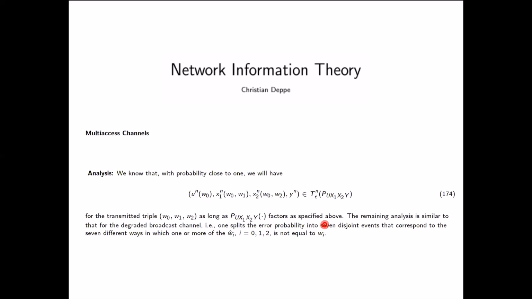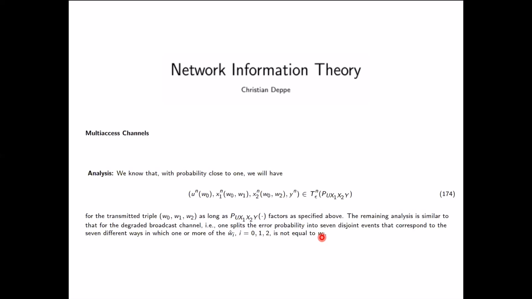And now the remaining analysis is very similar to the degraded broadcast channel. And we do it every time that we split the error probabilities. Here we split it into 7 disjoint events that correspond to the 7 different ways in which one or more of the Wi, for i equal 0, 1, and 2, is not equal to the estimate.